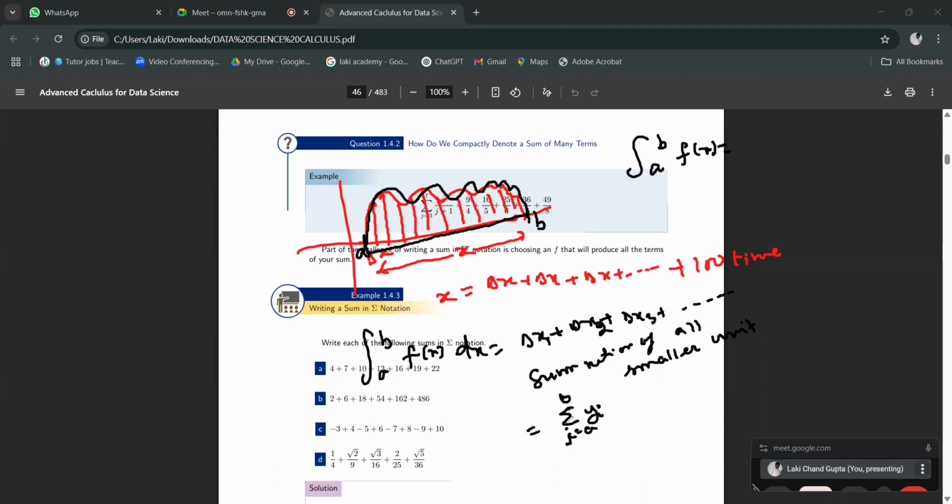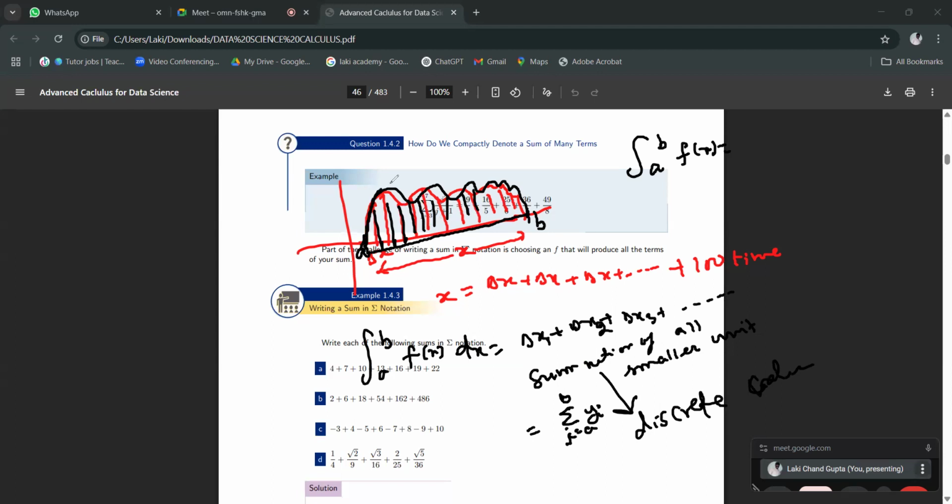But when we add all things, we say this is called discrete value. Why discrete value? Because you can count each part, right?